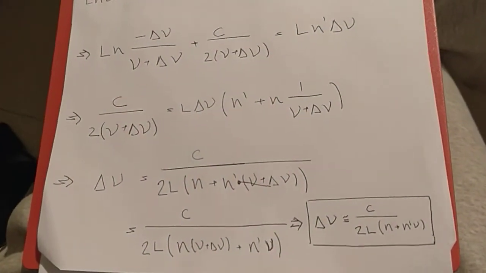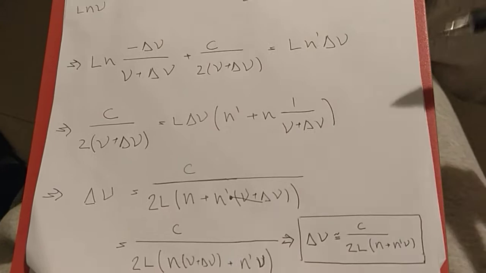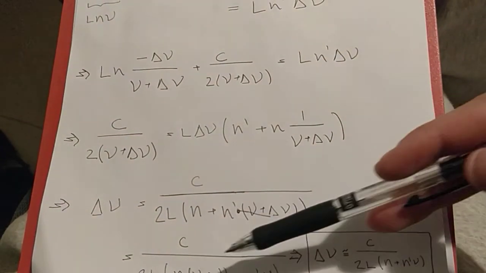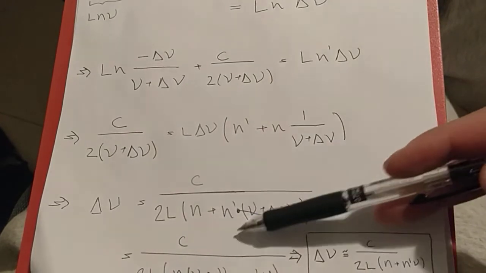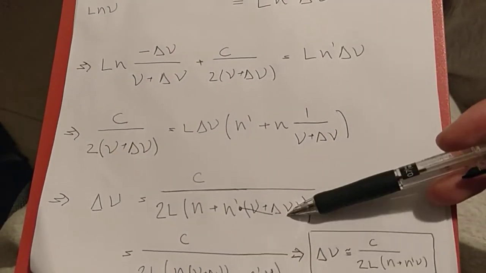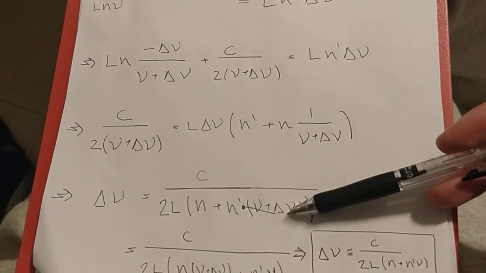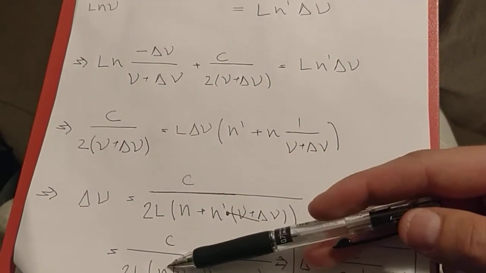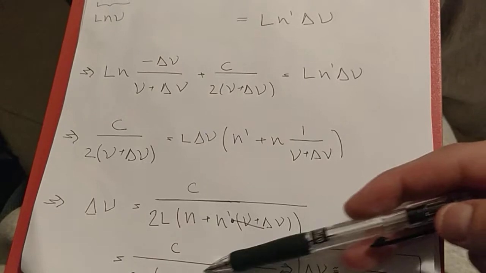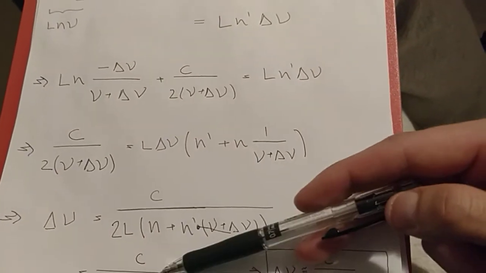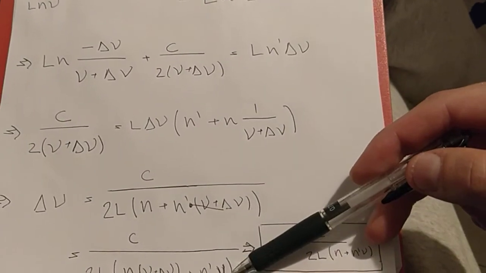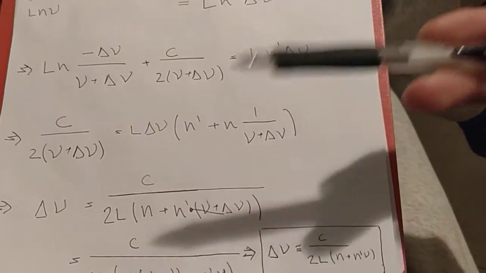We can further rearrange and say that n plus n prime times delta ni is that very same one from above. This is the refractive index at the neighboring frequency, and here is the additional term, the n prime ni.